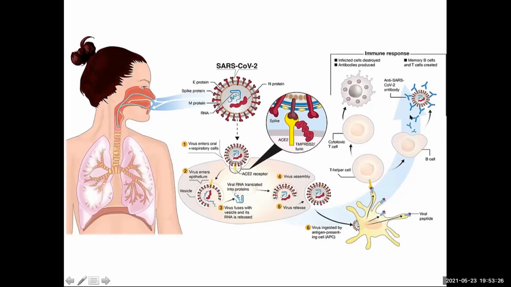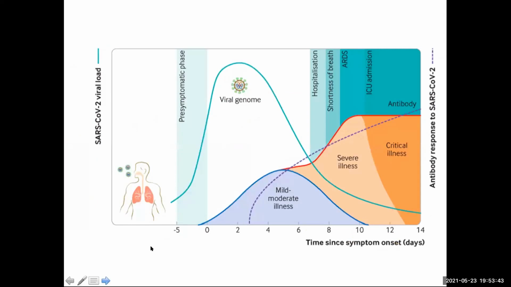Those antibodies can later attack the virus if it comes again. That is what we call immunity. Okay, so this is the pathophysiological process, how this disease happens, especially within the lung, in a very simplified way.